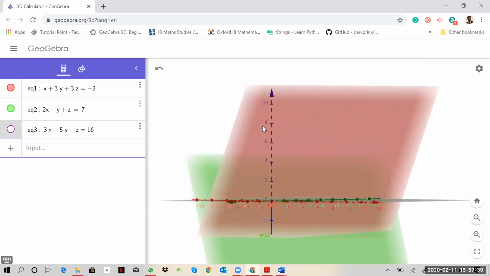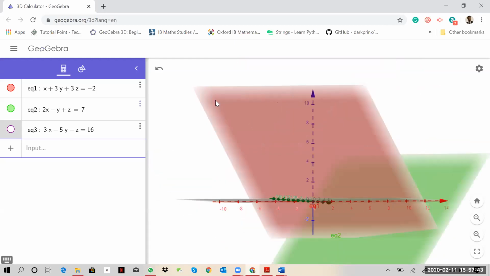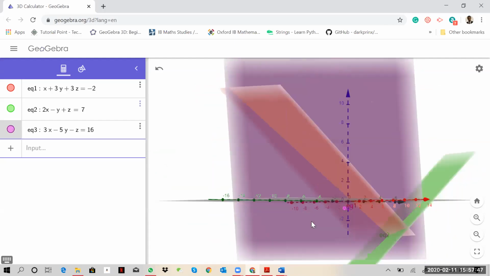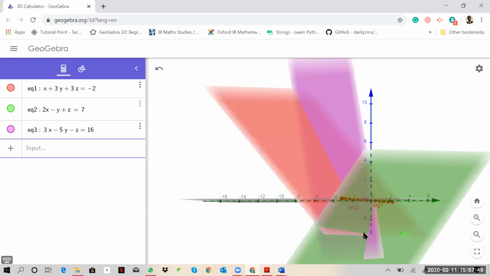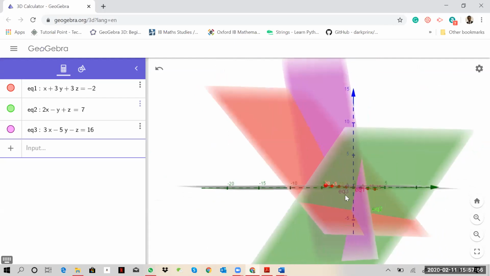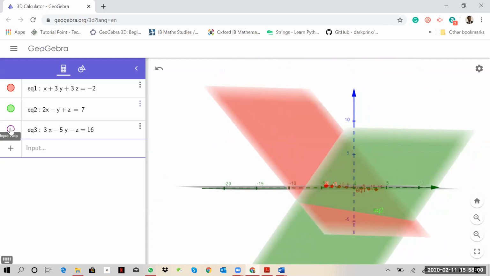can you see? You still have many, but look at it this way. Your point is actually not just one point really. If a plane meets another plane, okay, I think this is better.